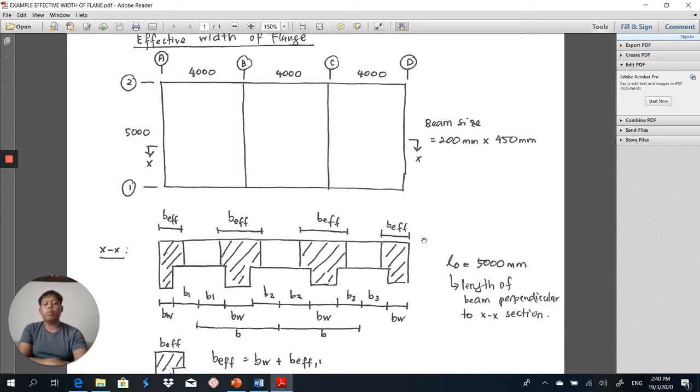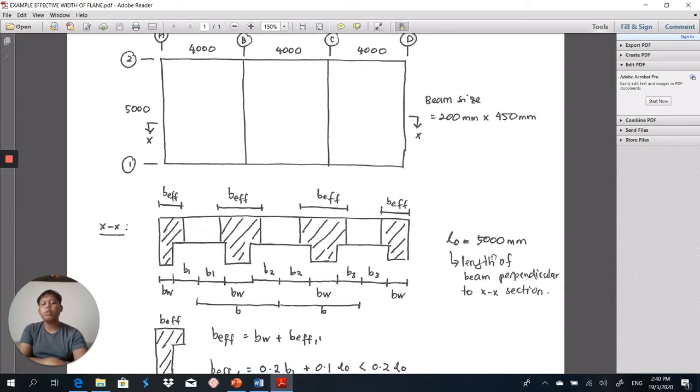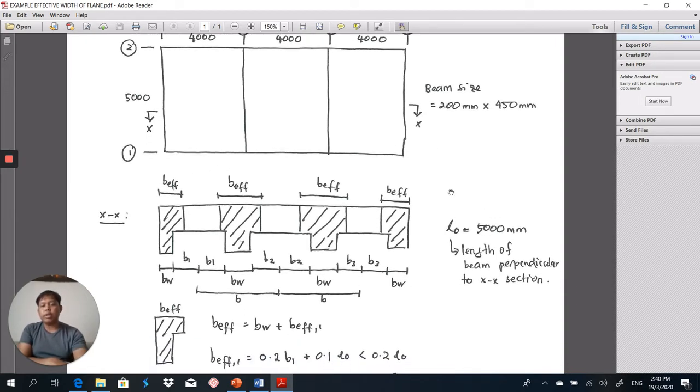The L naught is the length perpendicular to the X section, which is equal to 5 meter. You have to draw this cross-sectional diagram of this continuous beam that is connected with three slabs.